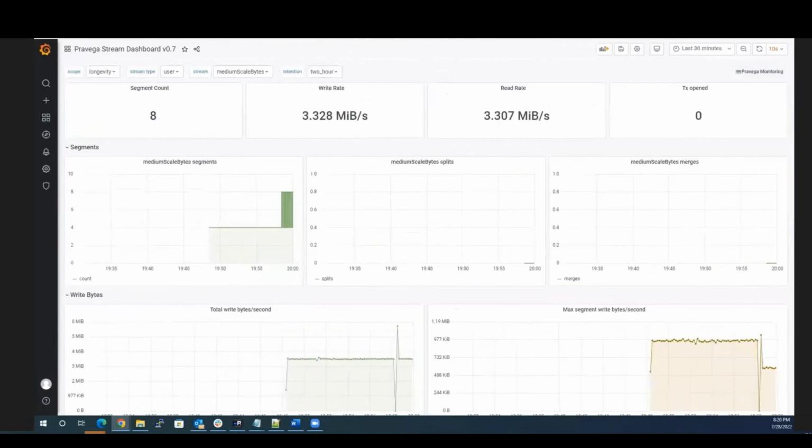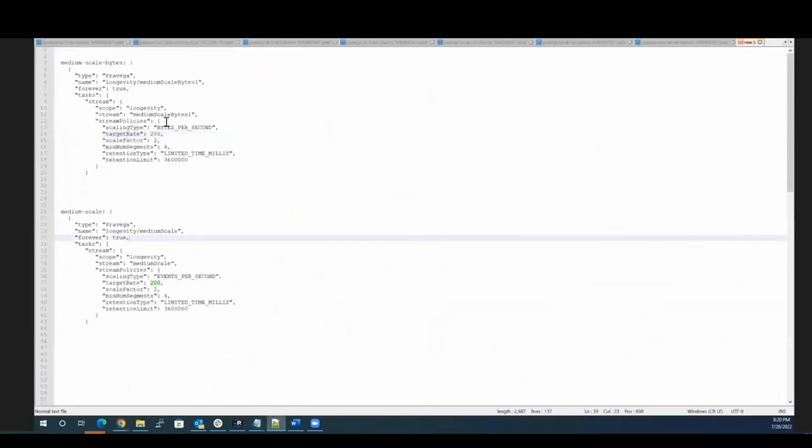Similarly, we have another plan, medium scale DX bytes, which I had explained has a bytes per second scaling policy defined, that is a data-based scaling policy. And the target rate here is 200 KB per second.